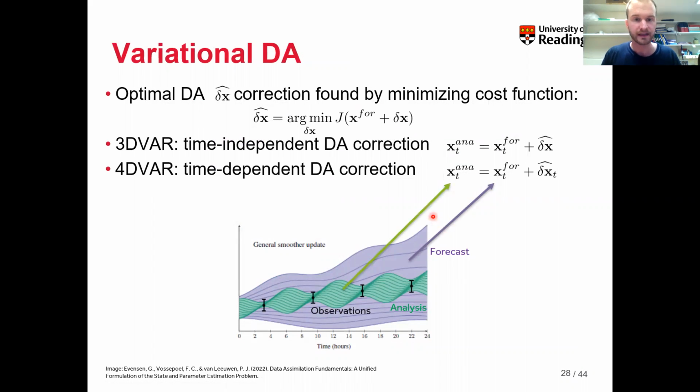In variational data assimilation, the data assimilation correction to your forecast is found by minimizing some cost function, with delta x being the data assimilation correction and x_f being the forecast. If you're doing 3D-Var, this data assimilation correction doesn't depend on time, so it's constant over the analysis window. If you're doing 4D-Var, it does depend on time within the analysis window.